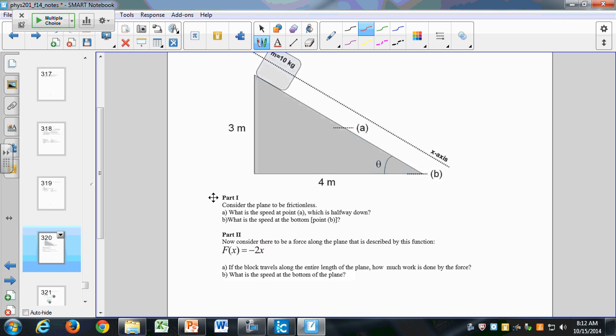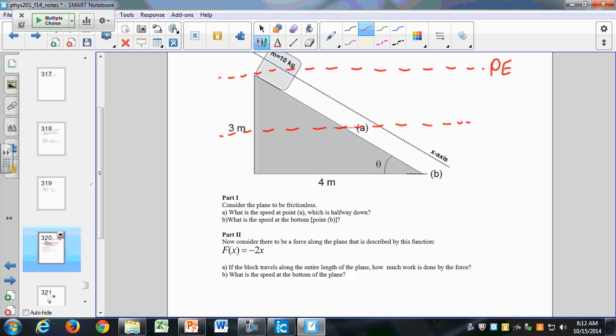As I said, you can find all the forces and draw your vector diagrams, figure out that the component of the weight is pulling this object down, then find its acceleration, and then figure out its velocity. But it's really simple to just apply conservation of energy. At the top, it only has potential energy.